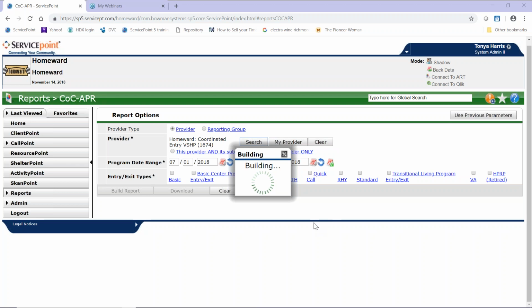And then depending on how much data you are trying to pull, the system will process by your little spinning circle here, and then it will eventually give you your report. One of the beautiful things about any canned report that you run is what I refer to as live data corrections.